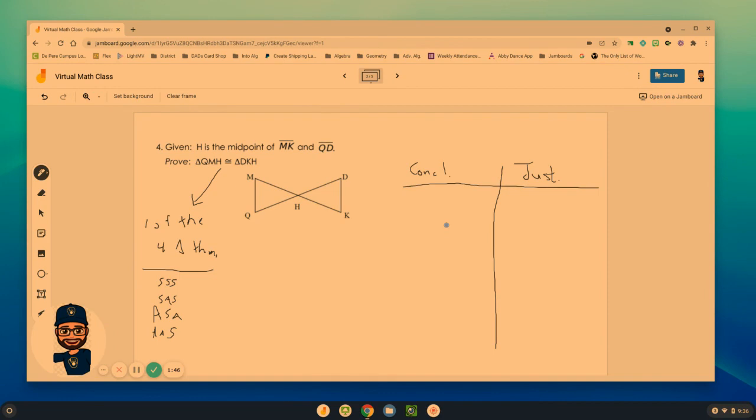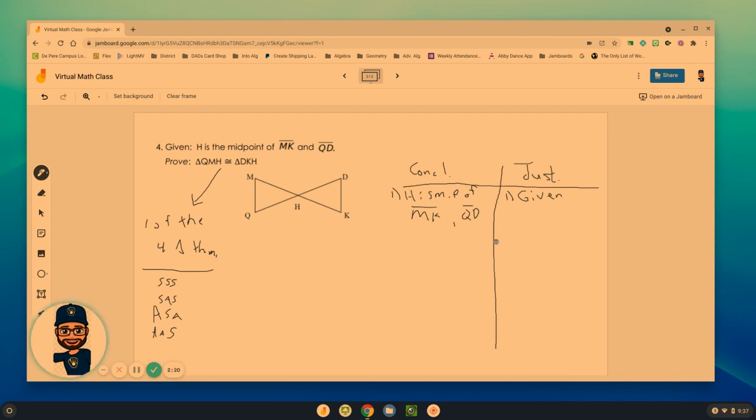Now we're given, remember, number one is always the given, so we should write that down. We're given some information that helps us. Number one over here: H is the midpoint of MK, comma, also QD.